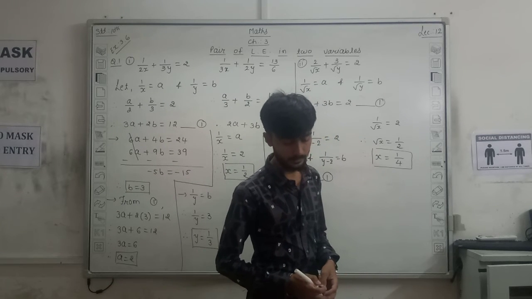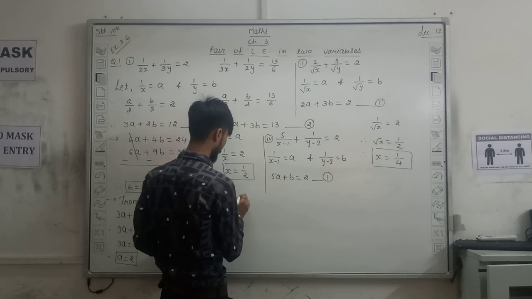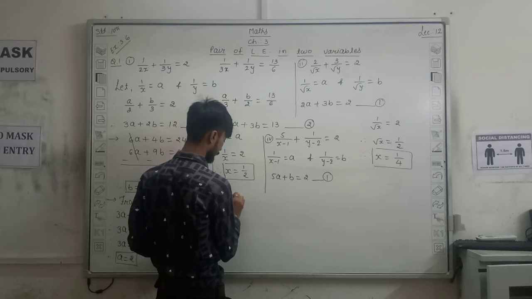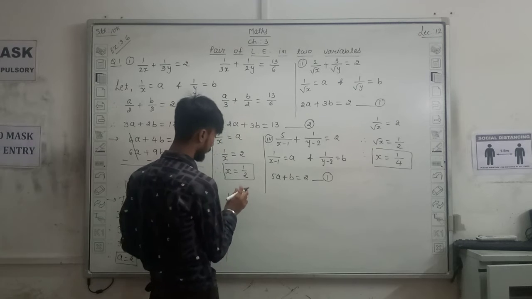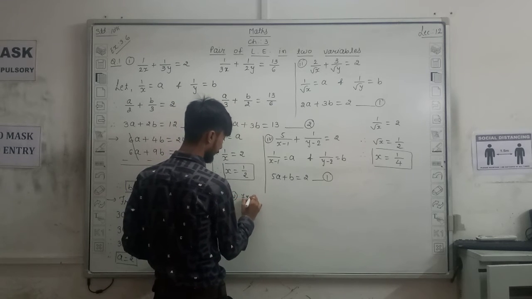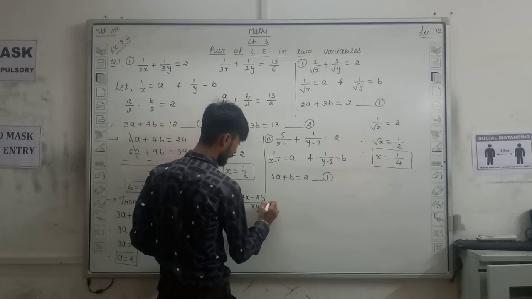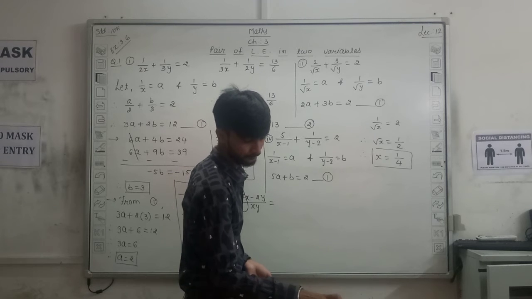Fifth one, 7x minus 2y upon xy equals to 5.